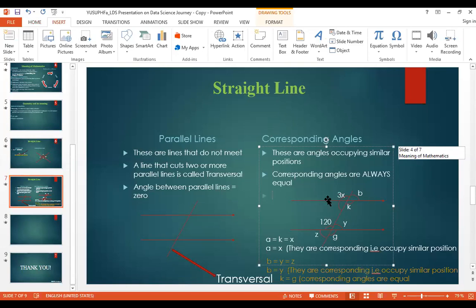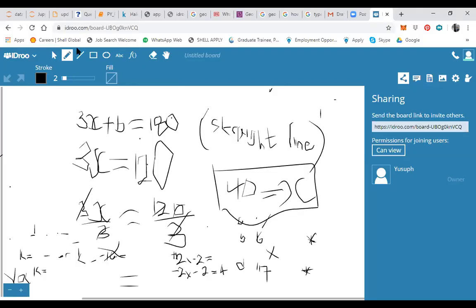Remember that this is a straight line. Let me go back to the other screen and draw something for you to see. Now it's something like this, not perfectly drawn. Let me draw it very well. I have something like this.